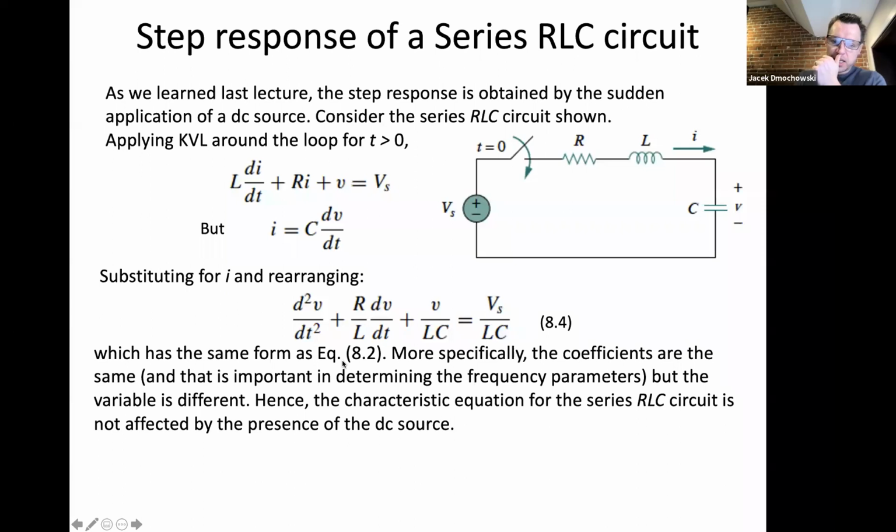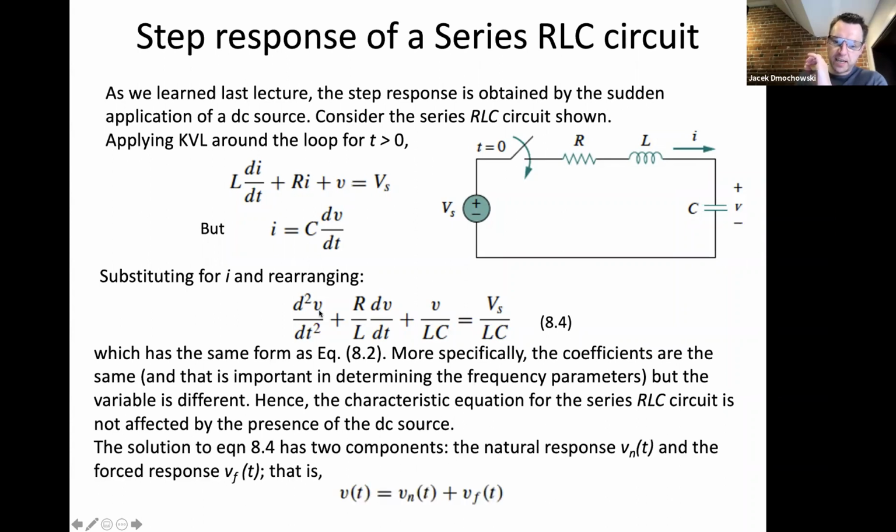So the way we're going to approach coming up with a solution for V of t here is to break up the solution into 2 parts. One of the parts is called the natural response, and the other is going to be called the forced response. The forced response is the response of the circuit to this battery.